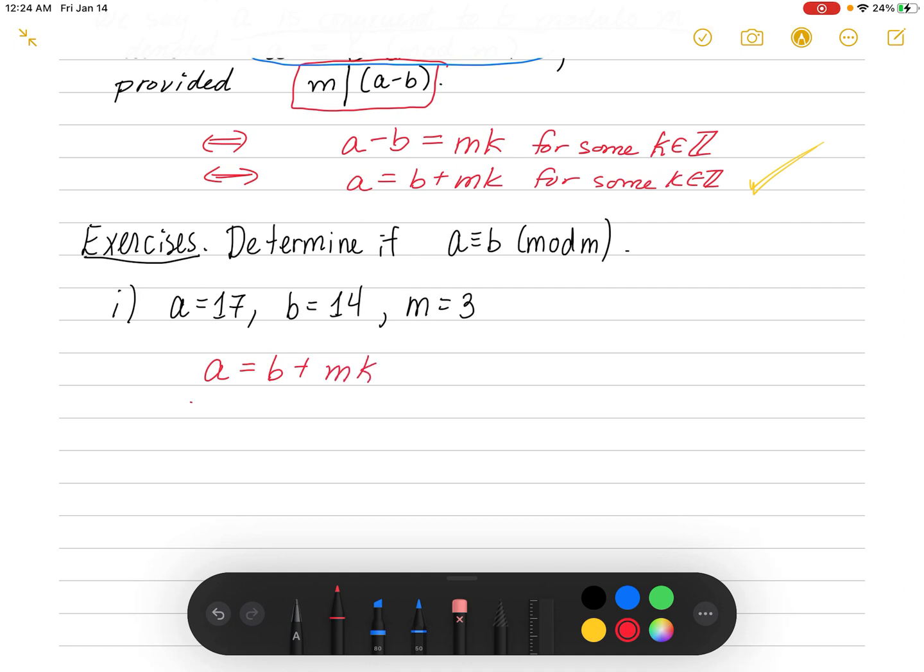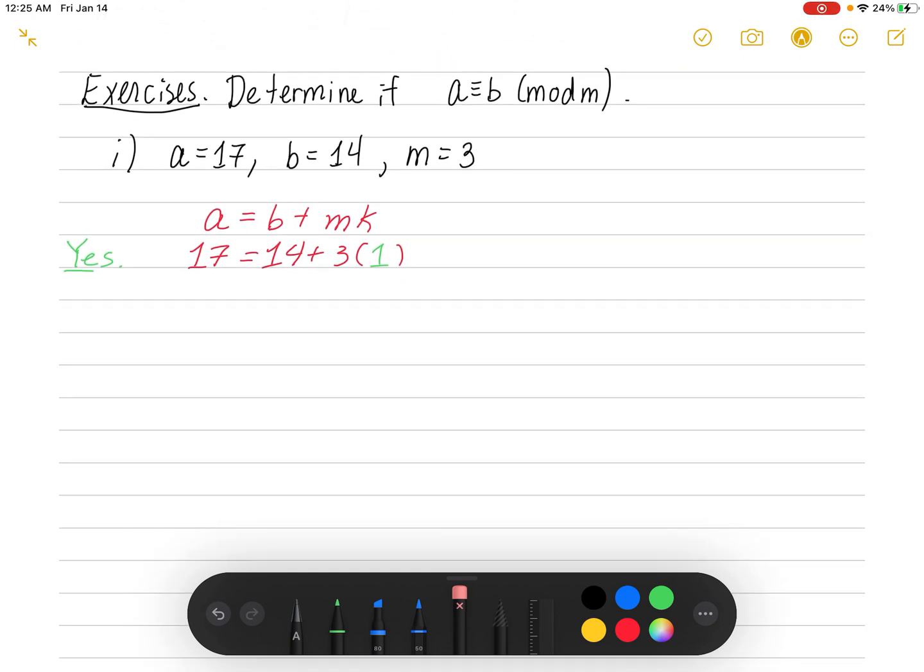So replacing a with 17, replacing b with 14, replacing m with 3, can we find some integer k here that makes this work out? In other words, is 17 equal to 14 plus 3 times something? And yes, your k here is 1. So yes, that works out.